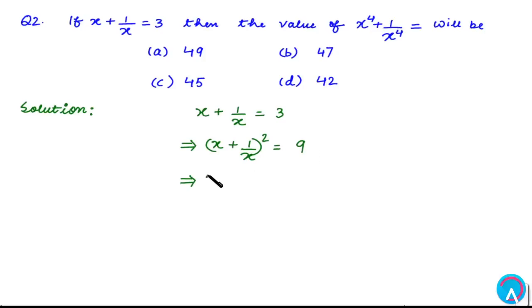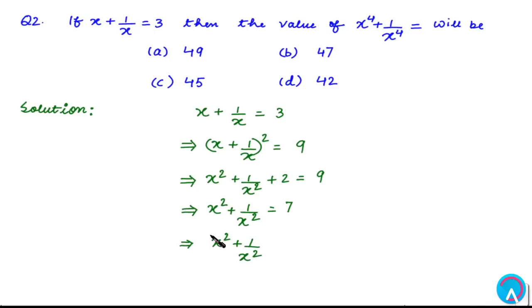This is equal to x square plus 1 by x square plus 2 is equal to 9. So this will imply from here that x square plus 1 by x square is equal to 9 minus 2, that is 7. If we square this one more time, we will have x square plus 1 by x square raised to power 2 will be equal to 7 square.